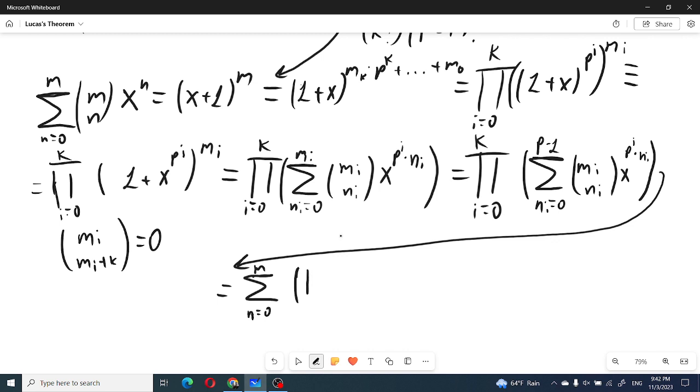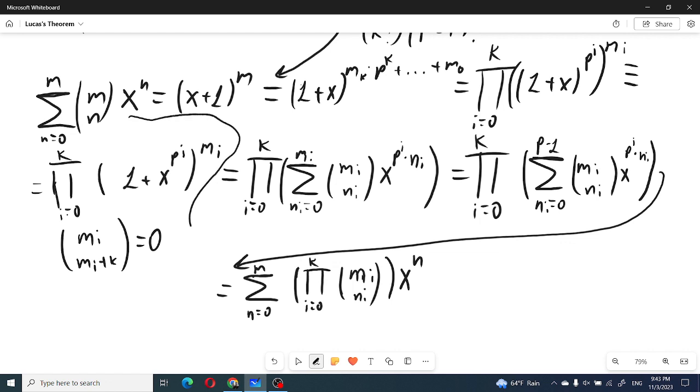In these brackets we must get the product of m_i choose n_i from i 0 to k, but we need x to the n because we need to represent n in a different form. In this case, the sum of these numbers must be n. So we have concluded that these two numbers are the same.